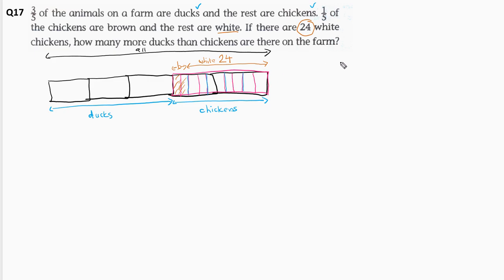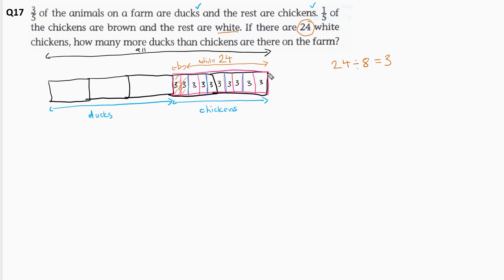There are 8 parts there. And if we divide 24 by 8, we know from our times tables that that is going to give us 3. So now we know that each of these parts has a value of 3. It represents 3 chickens, each of these. I don't have to write it all in, but writing it in one of them at least is really helpful.